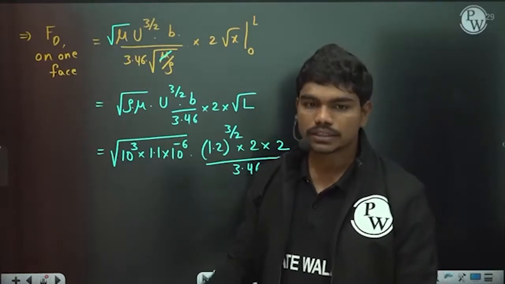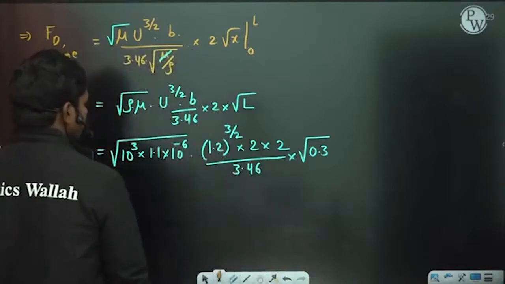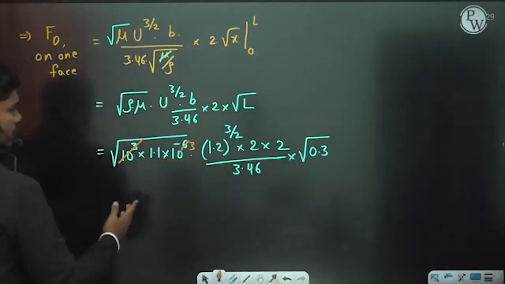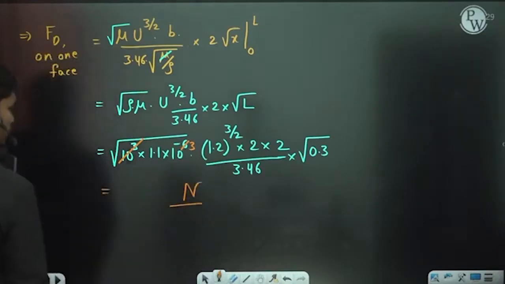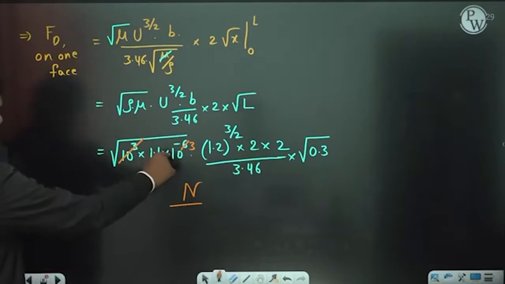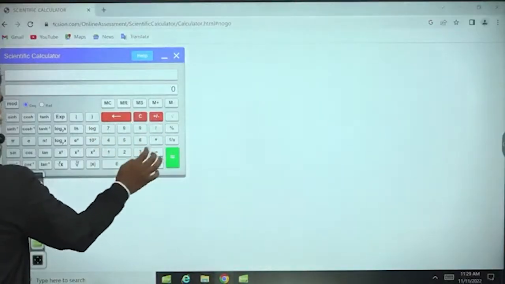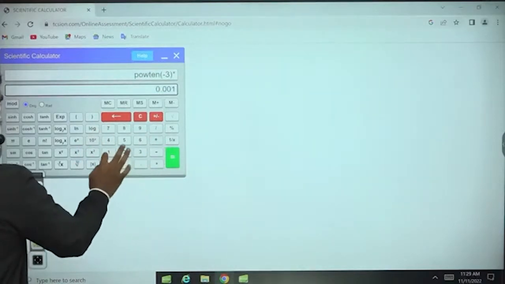Now let us simplify these values slightly. If you try to simplify this, then this 10 power minus 3 comes out here. Basically, I think there is nothing much to simplify. So this answer is going to be in newtons. Let us check. Square root of 1.1 into 10 to the power minus 3, so this value into 1.1.